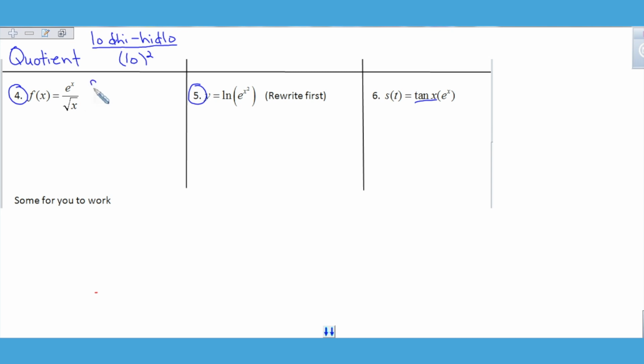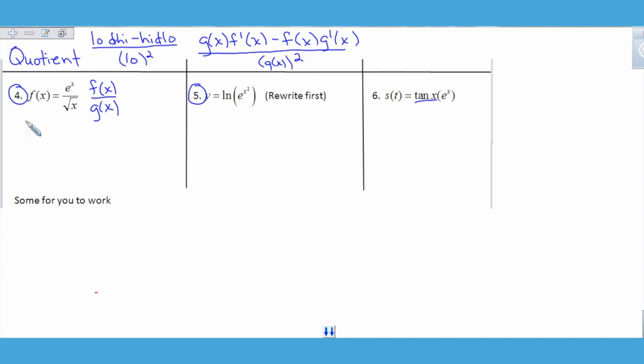And for those of you who prefer the symbols, that would be the bottom function times the derivative of the top, minus the top times the derivative of the bottom, over the bottom squared. Because that is the pattern that is formed when you do quotients.